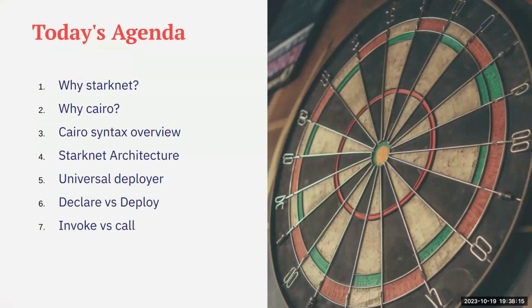Today's agenda, since it's our first class: we'll take a look at why Starknet, what Starknet is about, the problem they are solving and how they are solving it, the architecture of Starknet, and some major components within the ecosystem that make everything function the way it does.